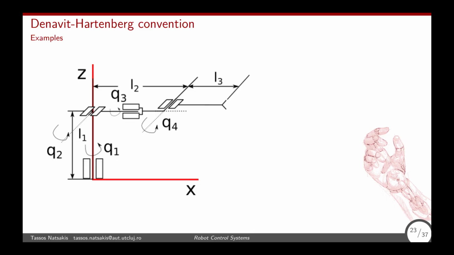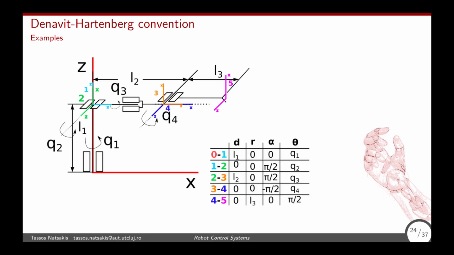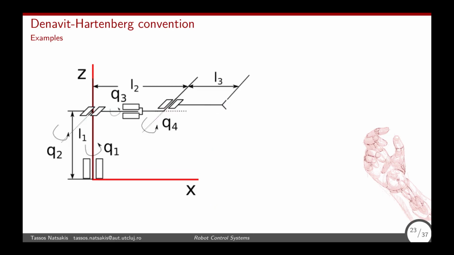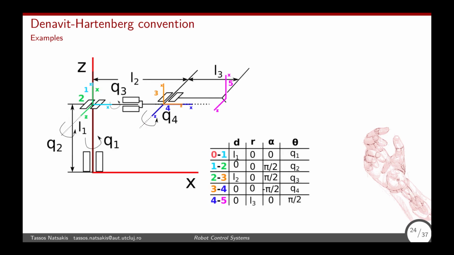We don't have time to do this, but I have the solutions on the slides. So here we have the robot, so you can practice at home, and then we have one solution for this robot. As I say, one solution because again you might decide to put the x-axis differently from how I put it there, right?